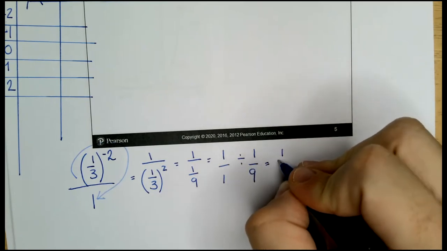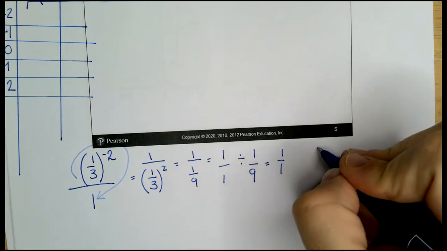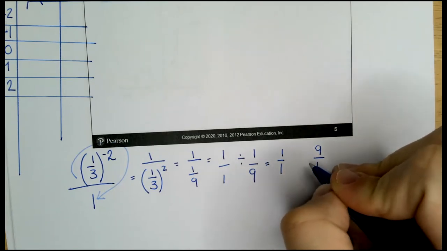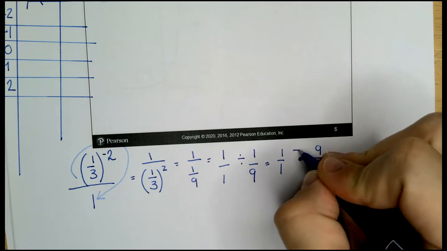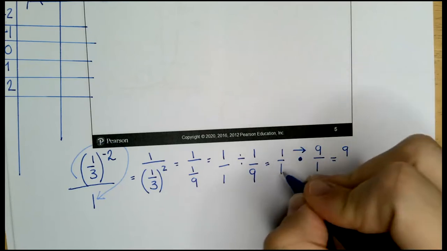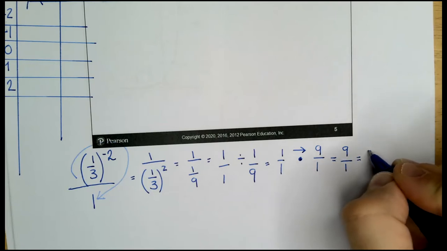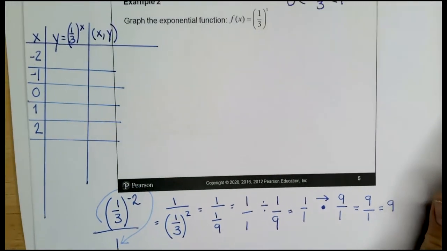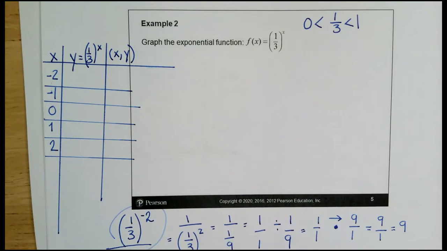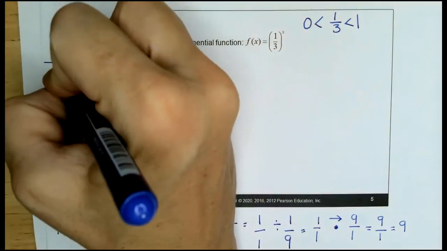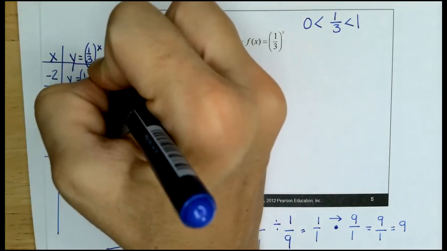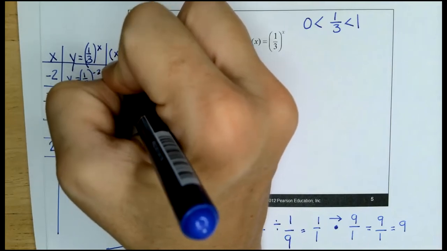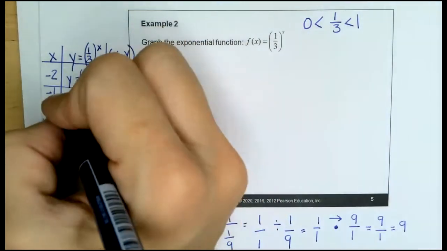So keep 1 to 1, flip 9/1, change the division into a multiplication and multiply straight across. 1 times 9 is 9, 1 times 1 is 1, so 9/1 or 9, okay? You're also welcome to use your calculator. (1/3) to the -2nd power is 9. So where x is -2, y is 9.